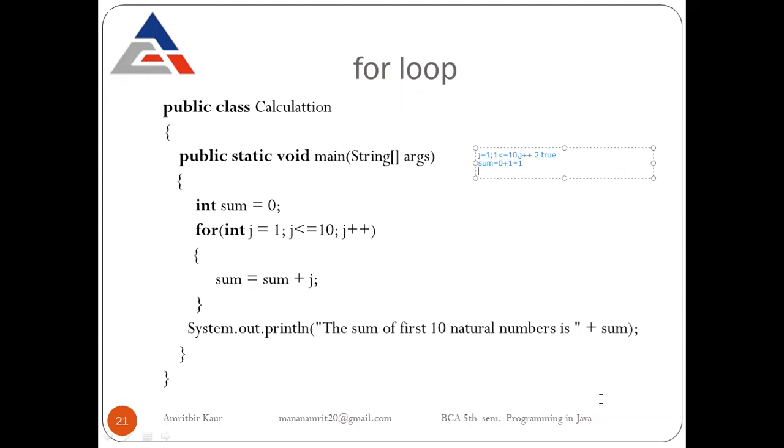Next time, our j equals 2 because after the increment j became 2. So again the condition will be checked: 2 is less than or equal to 10. So the condition is true. Control will enter the body and after the increment j becomes 3. It will be used next time.